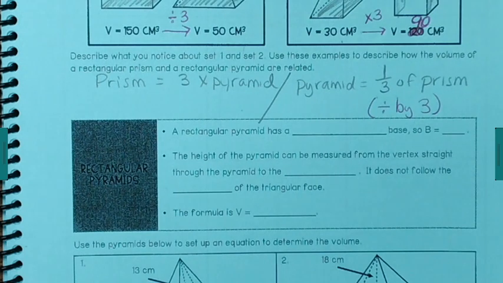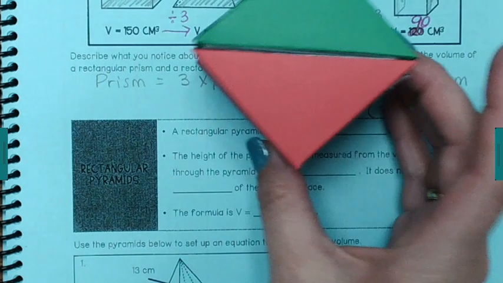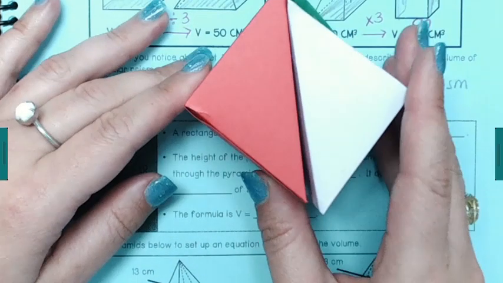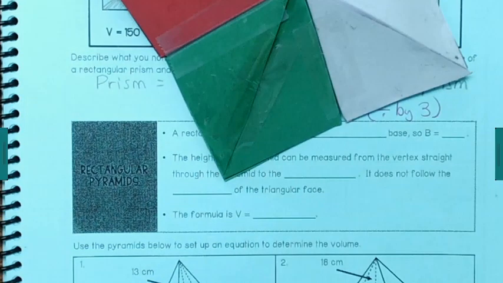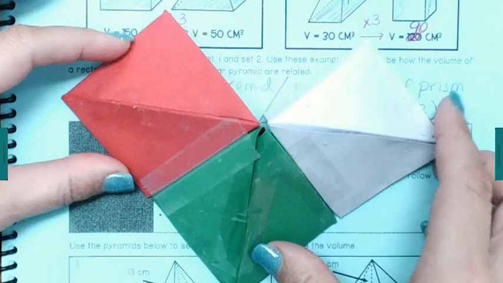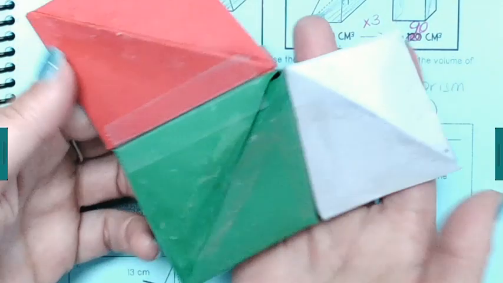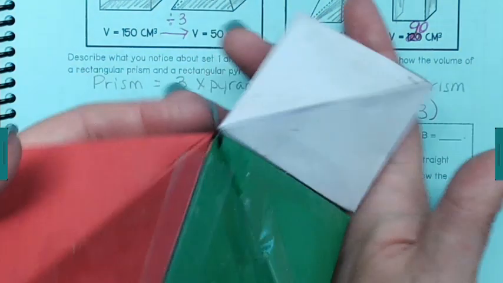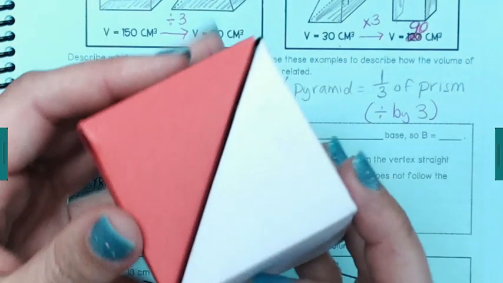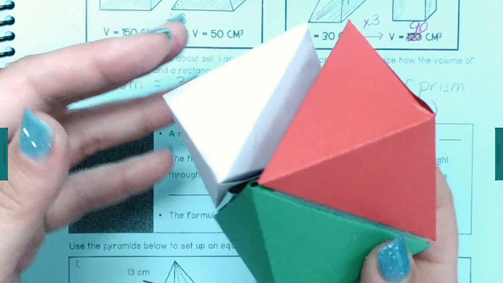Okay. So if I have this prism right here, everybody see it's a prism? Open it up. It's actually 3 what? 3 pyramids. It's a 3D shape. So if I know one pyramid, I put 3 of them together, and now I have a prism.